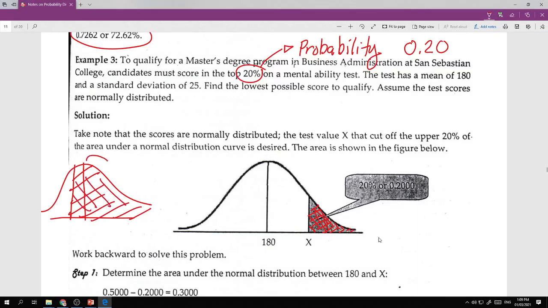Kay 50% baya ni siya, nya human plus 10% lang, mao nang mas 60% ni siya. Yeah, I'm talking about just 20% man. It's less than 50%. Is that clear?